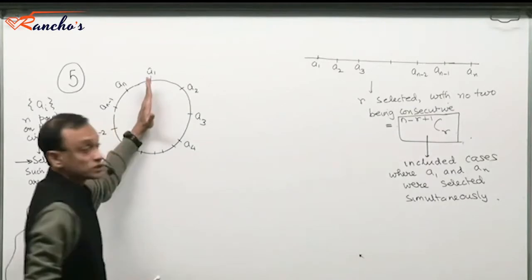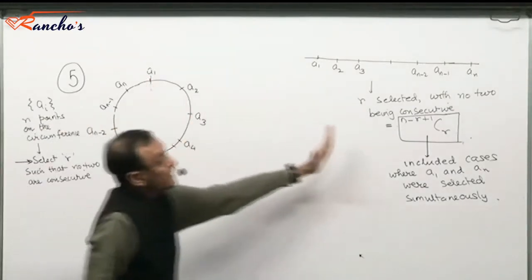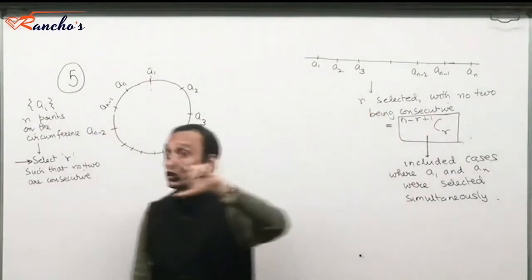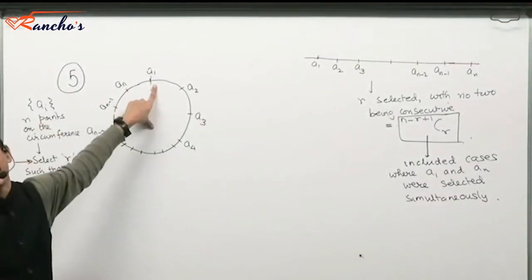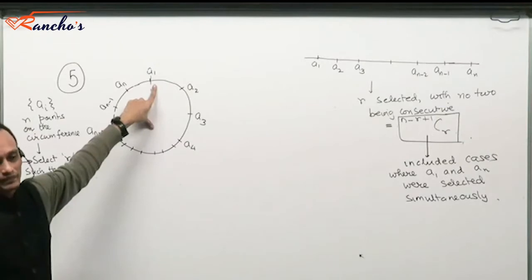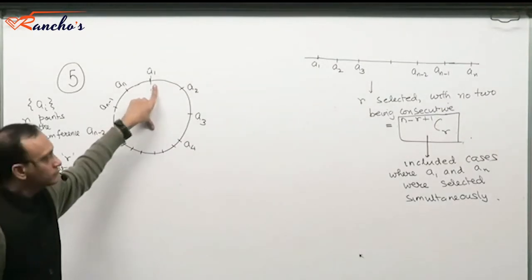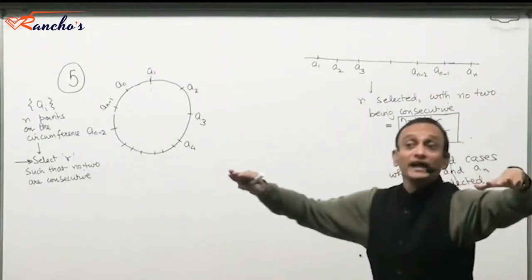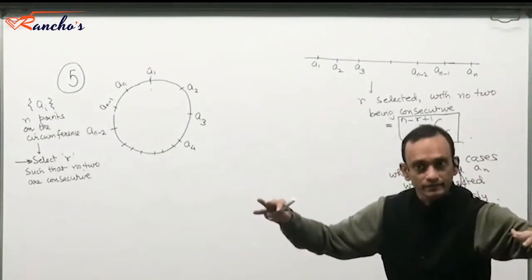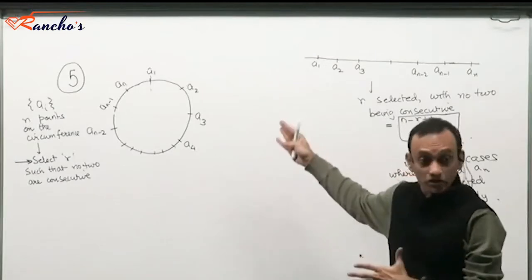But when I come to this, it'll be the same count. But I'll have to remove those cases in which A1 and AN have been selected simultaneously. Yes or no? You know what I'm saying? This includes those cases in which A1 and AN have been selected together, right? This count, isn't it? Because they were not consecutive.